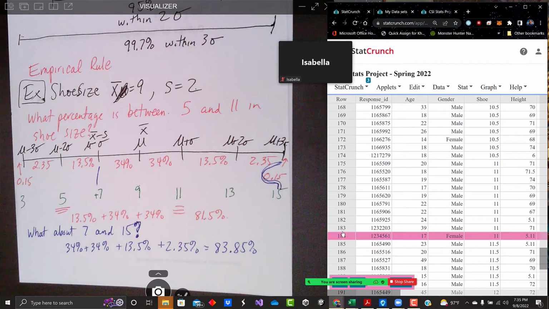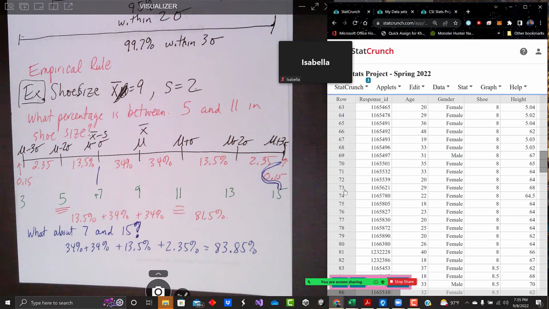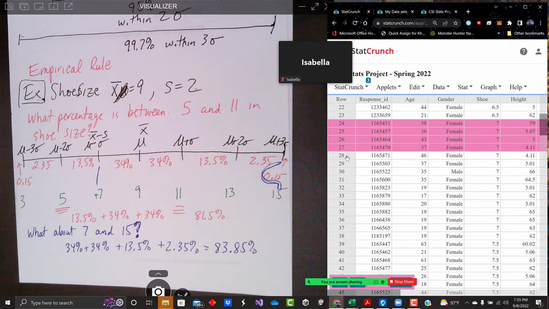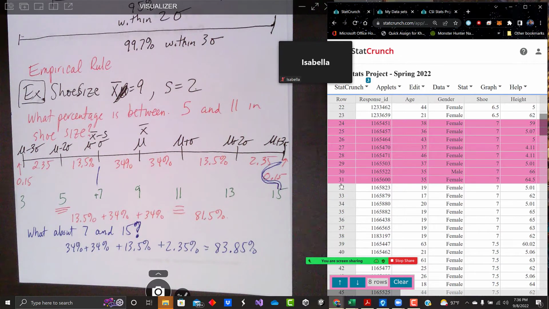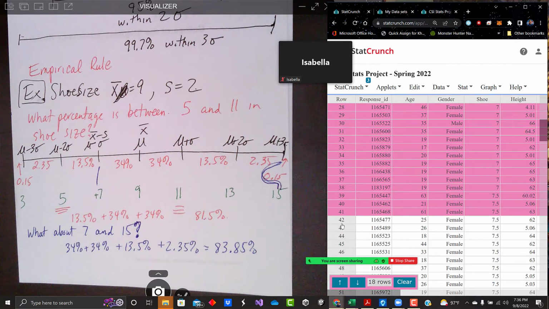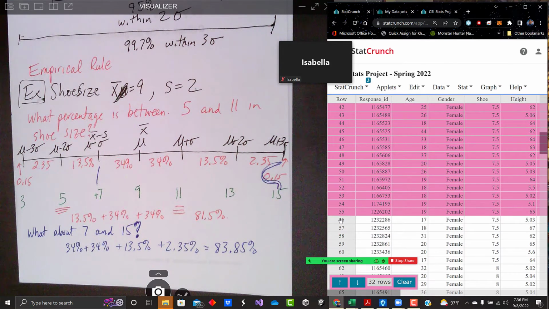Okay, so it's down to 184. Can I scroll and highlight them all while I'm doing it? Please let me do this. Tedious, but it won't take me too long. I'm trying to illustrate an example here.